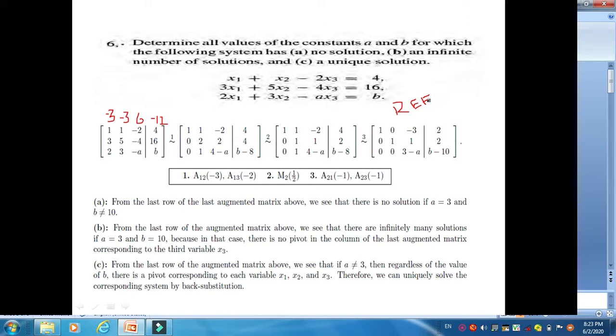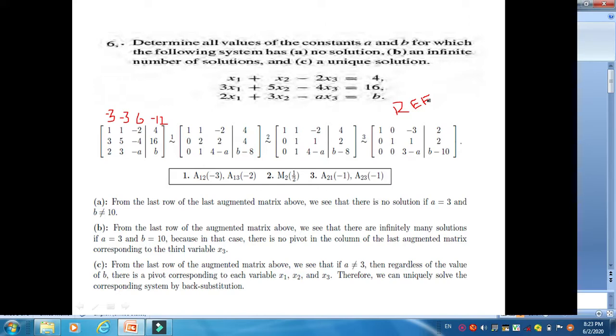What it means is, if you plug in here a equal to 3, the rank of the coefficient matrix is equal to 2, and if you plug in b not equal to 10, it means the rank of the augmented matrix is equal to 3. So if you plug these values into the last equation, a equal to 3 gives the rank of the coefficient matrix equal to 2, and for b not equal to 10, any other value, we obtain the rank of the augmented matrix as 3. So the rank of the coefficient matrix is 2, the rank of the augmented matrix is 3, and both are not equal to the number of unknowns.